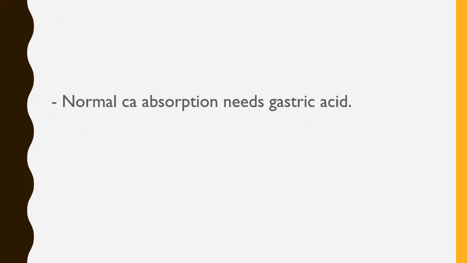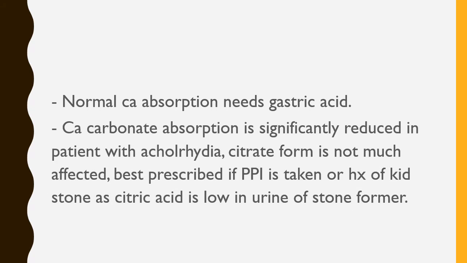Normal calcium absorption needs gastric acid. So calcium carbonate absorption is significantly reduced in patients with achlorhydria. The citrate form is not much affected, so it is best prescribed if a PPI is taken or there is a history of kidney stones. Citric acid is low in the urine of a stone former.